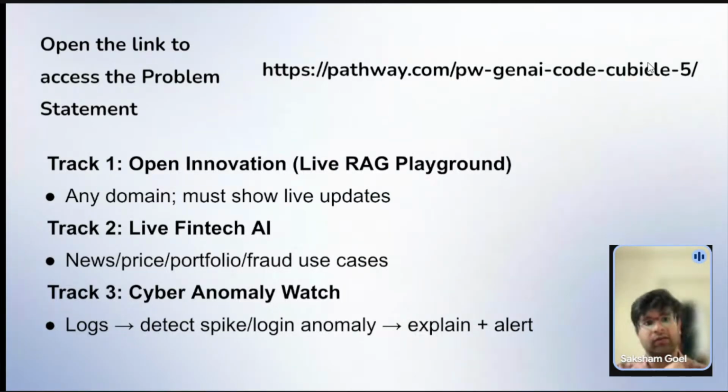There are three tracks here. One is open innovation, where you can work with any domain of your choice, be it healthcare, finance, IoT, logistics, manufacturing, or maybe cybersecurity, right?